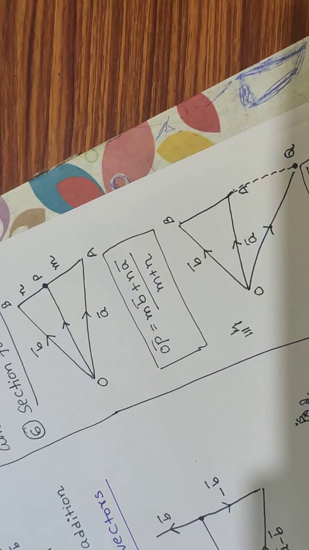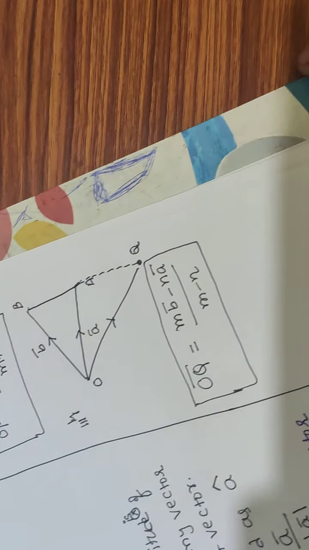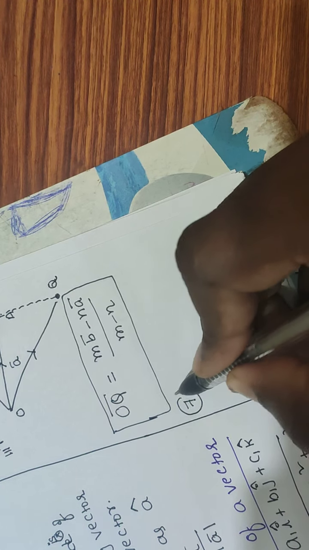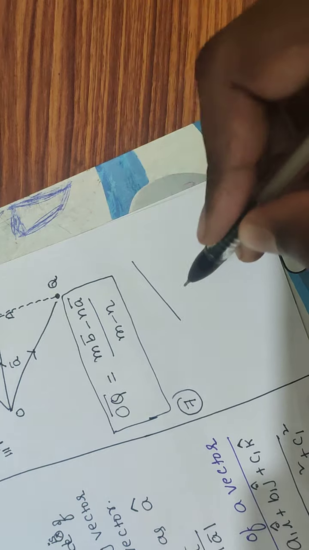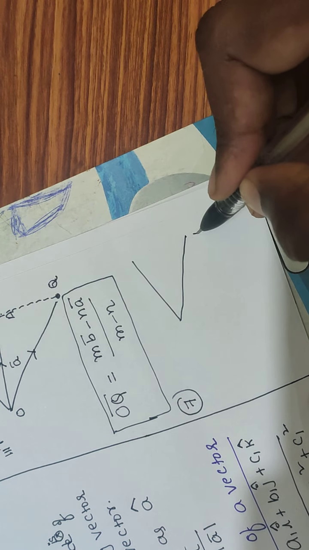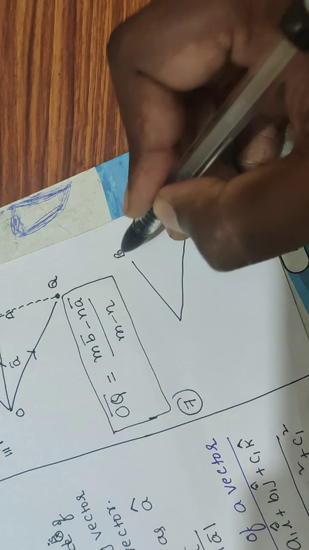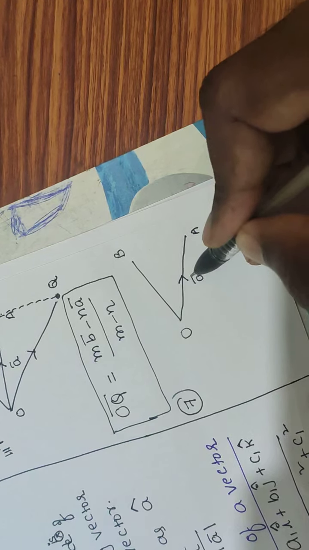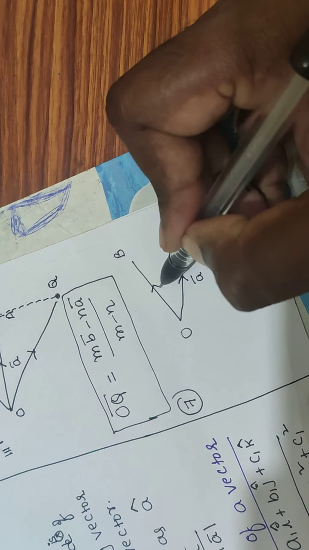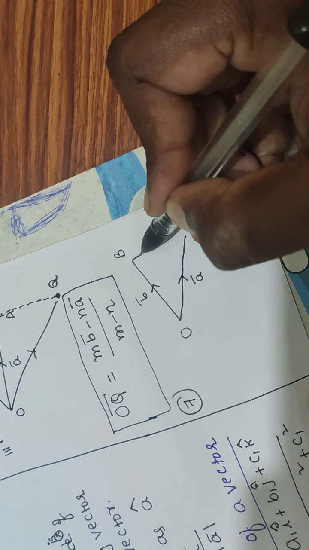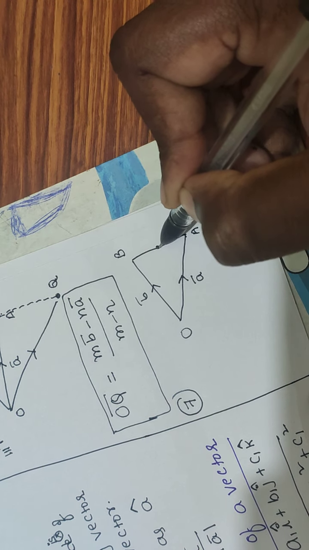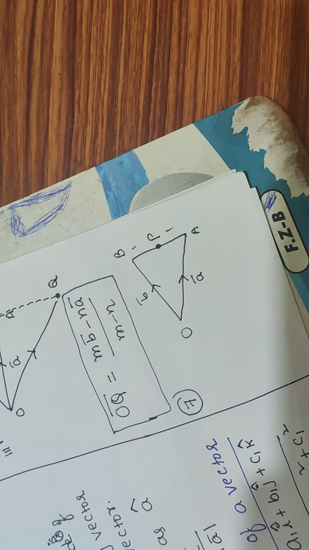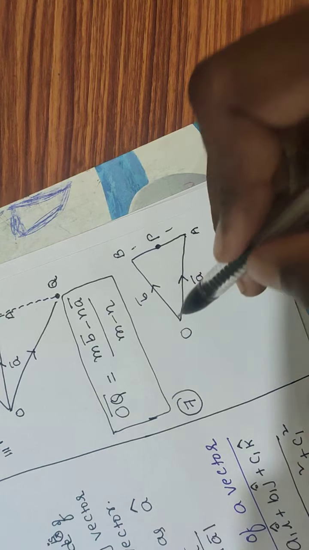Next, one more point is there, that is midpoint, the seventh point. For example, this is A and this is B and this is O. The position vector of A is A bar, the position vector of B is B bar. On the line AB, one point P is there. This P is midpoint. Midpoint means it divides in the ratio 1:1.